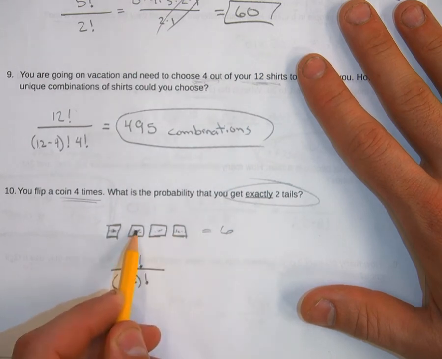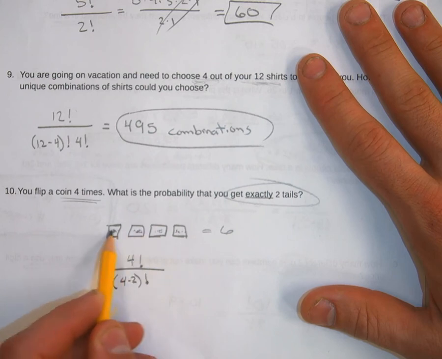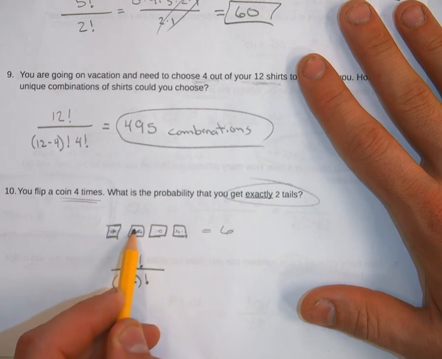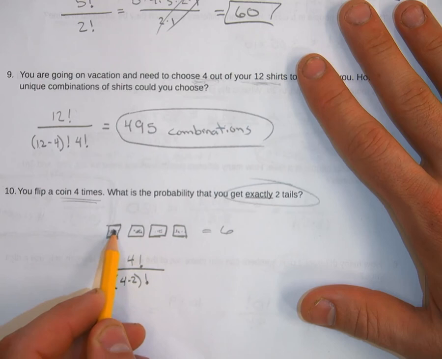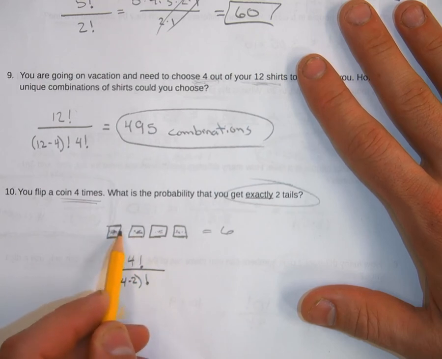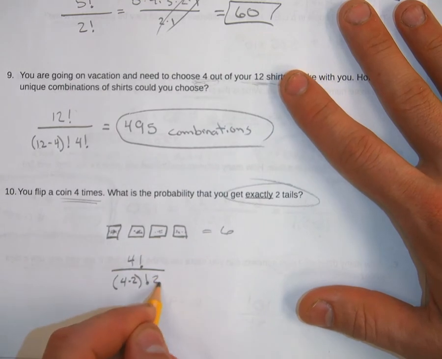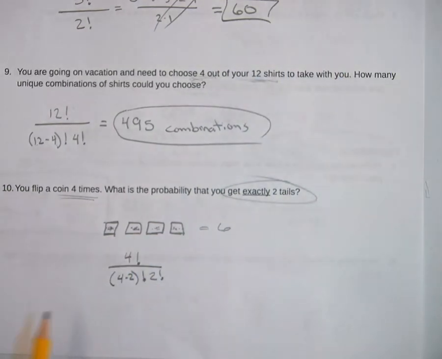But then I went 4. I did not go 4 right here because heads, heads is the same thing as heads, heads. I've already counted when I get the first 2 flips as heads. So I have to do another 2 factorial to get rid of those extra duplicates, because again, the order matters in this.